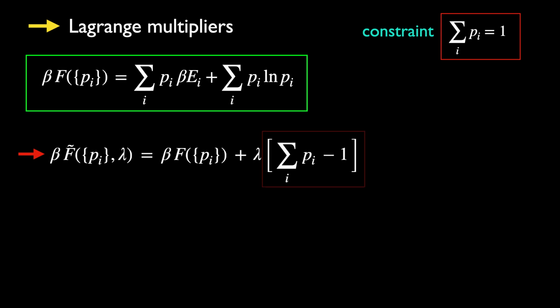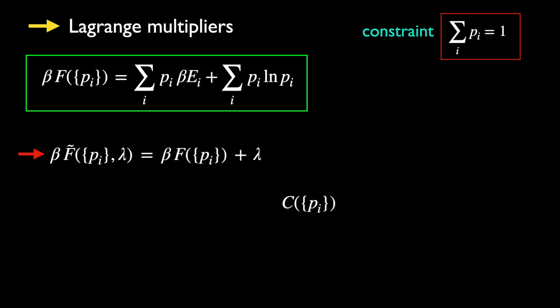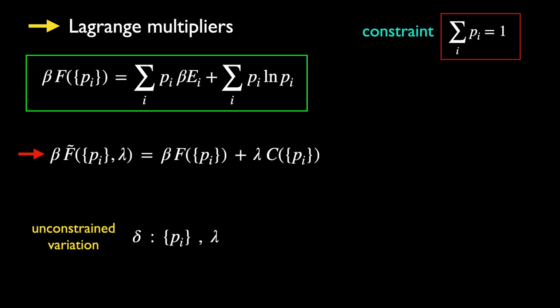First, let's give the constraint function a generic form. When c of p is set to 0, we have the constraint. This allows our discussion to be more general, as we won't be using the explicit forms of the functions involved. Now we vary f tilde with respect to all its variables independently, and minimize the function.